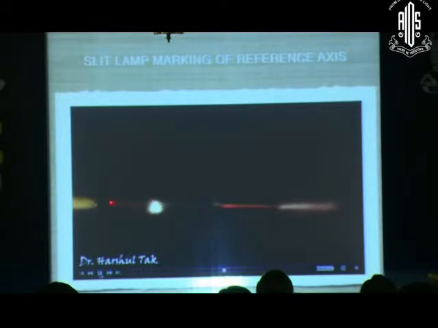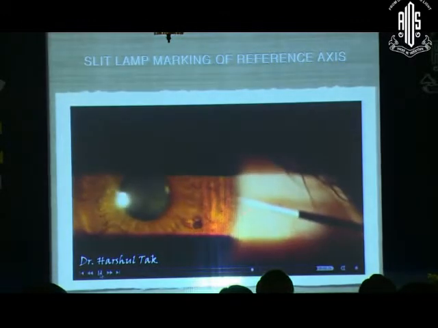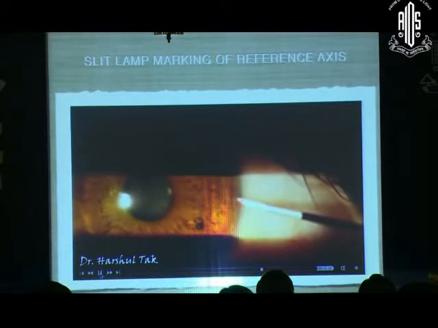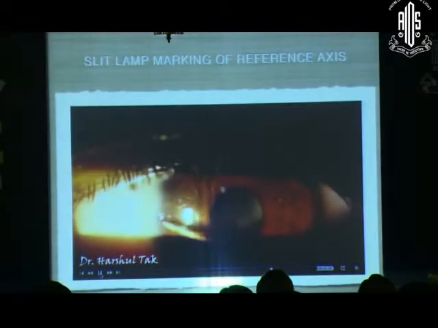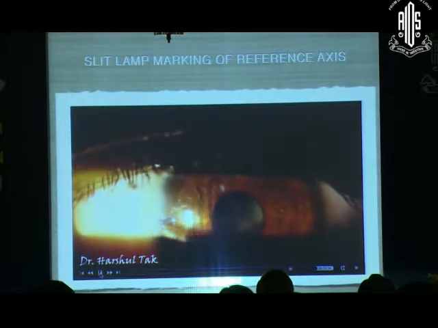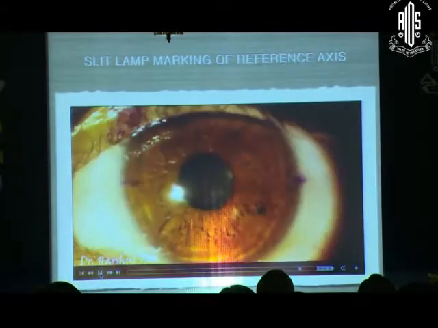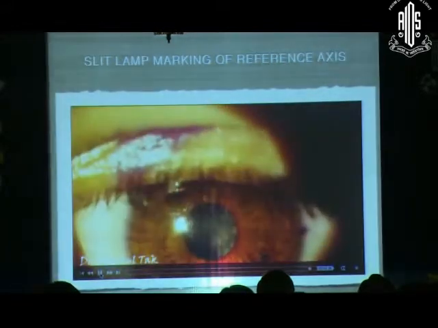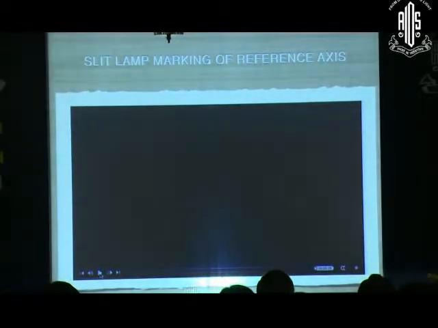If you have these scratch marks, they won't go. So I'm scratching the epithelium and then putting the ink on the tip of the 26 gauge needle and staining it. You get very thin marks, and these scratches don't go away even if your ink fades away.